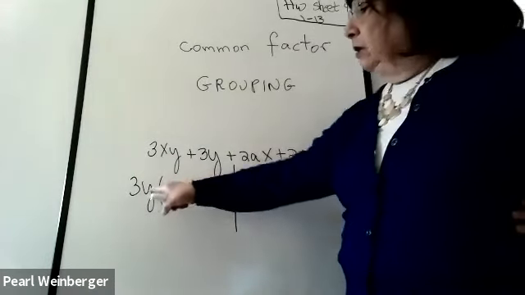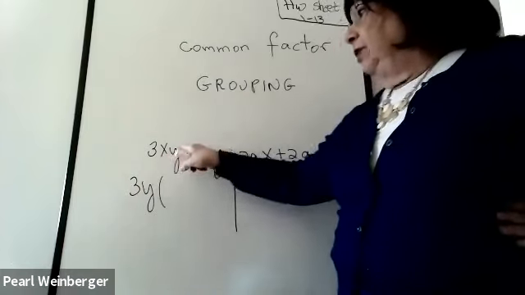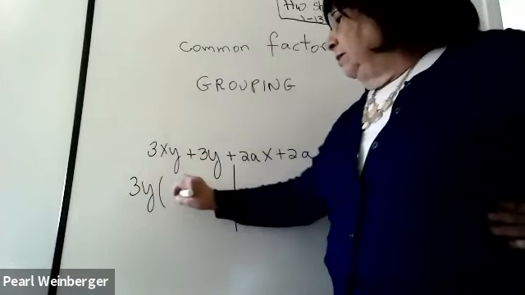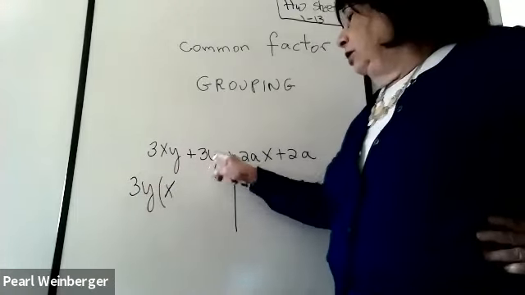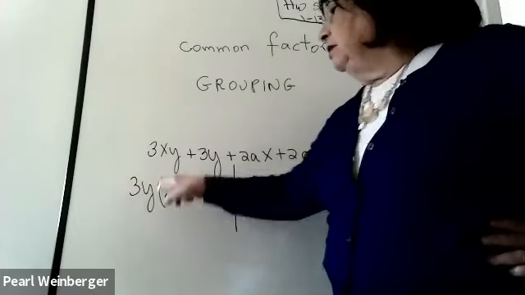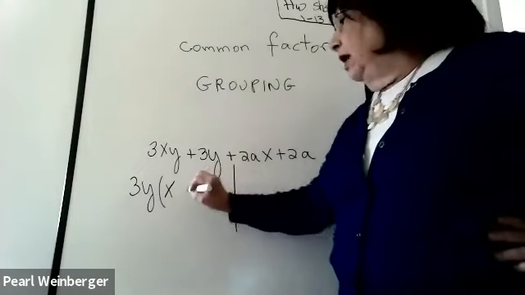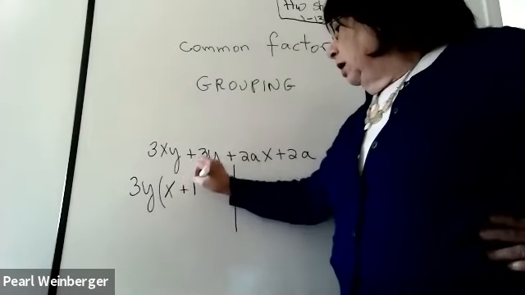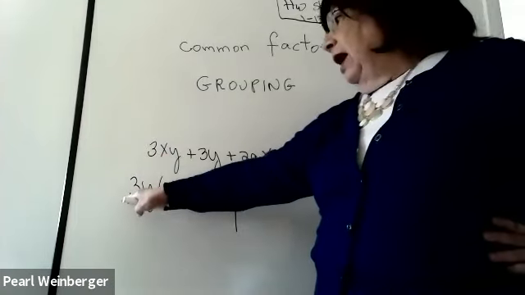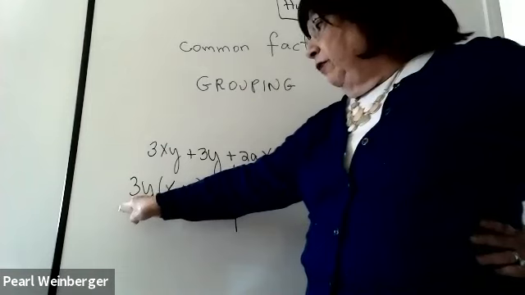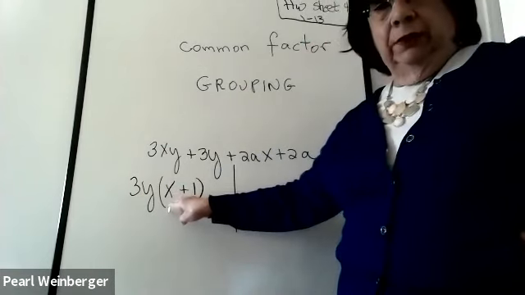When I divide 3y into 3xy, the 3's cancel out, the y's cancel out, and I'm left with x. Then I divide the 3y into the 3y. The 3's cancel out and the y's cancel out. Remember, when everything cancels out, we're left with a 1. In other words, if I just look at the first 2 terms, I could factor those into the common factor of 3y and the binomial x plus 1.